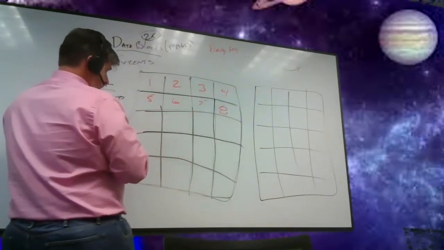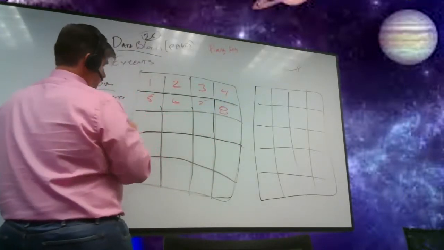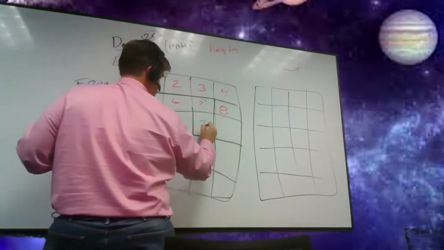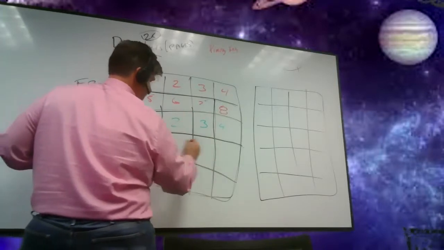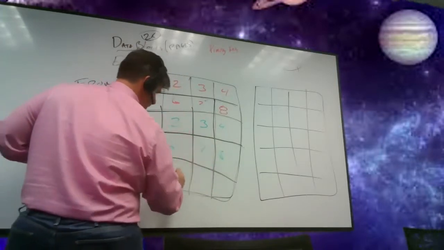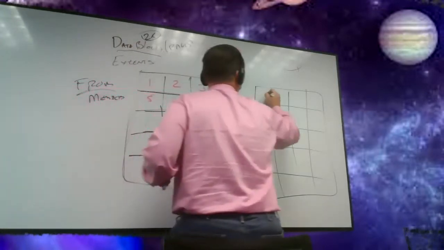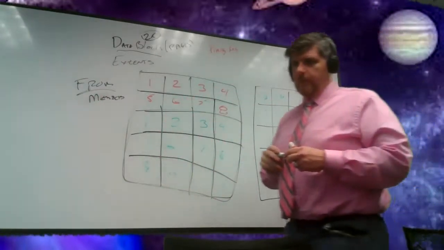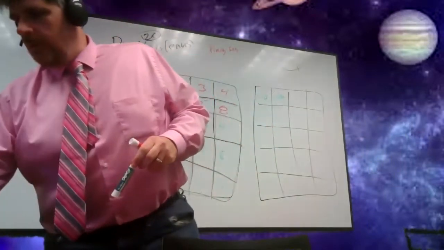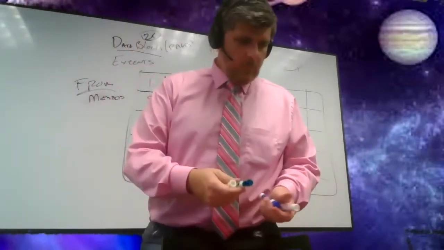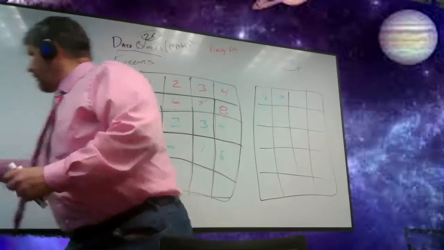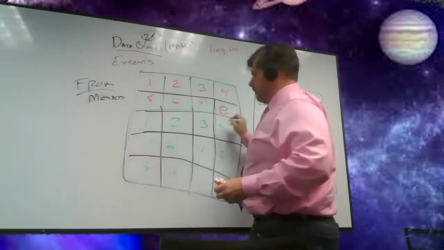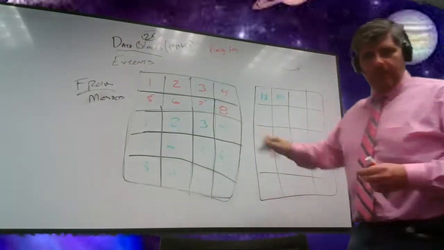And then the green table wrote some rows: 1, 2, 3, 4, 5, 6, 7, 8, 9, 10, 11, 12, 13, 14. My green marker is not doing so well here. Let's see if this one's doing any better. They're bigger, so you can see the numbers.